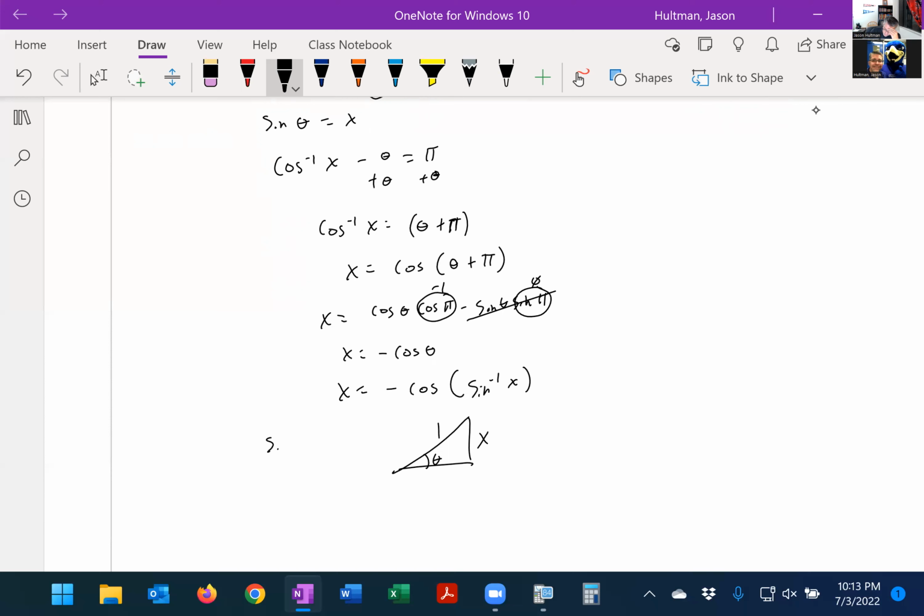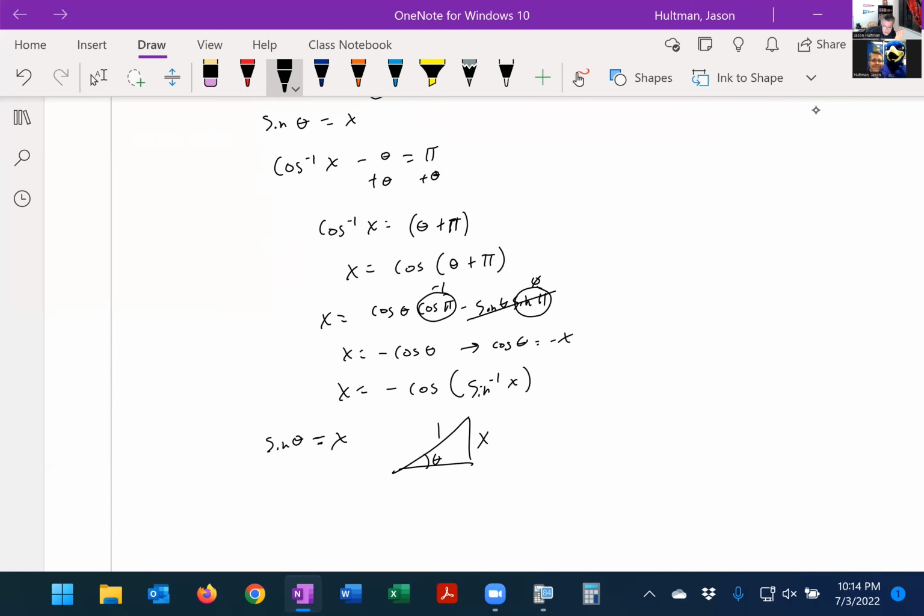So the sine of theta is equal to x. But the cosine of theta is equal to negative x.